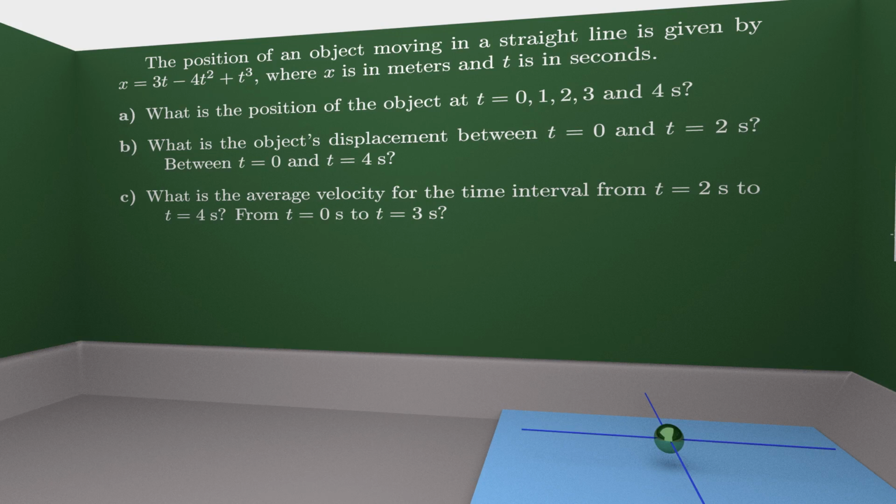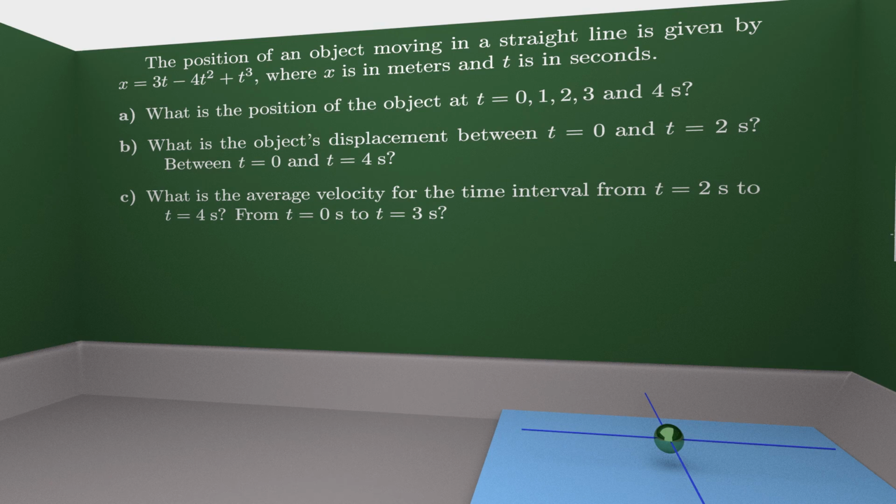B. What is the object's displacement between t equals 0 and t equals 2 seconds? Between t equals 0 and t equals 4 seconds. C. What is the average velocity for the time interval from t equals 2 seconds to t equals 4 seconds? For t equals 0 to t equals 3 seconds.